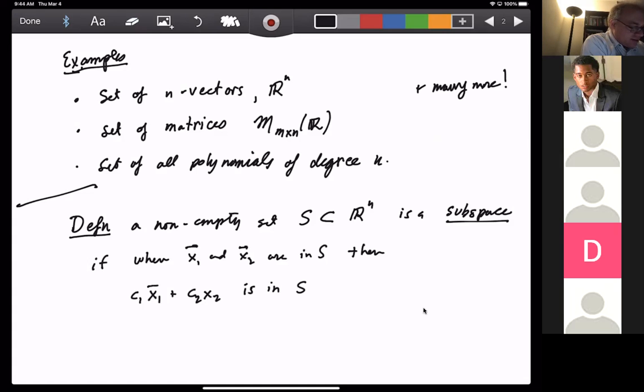And I'm just going to put vector signs on top of these. We're going to think about this in terms of vectors mostly. So let's just think in terms of vectors.